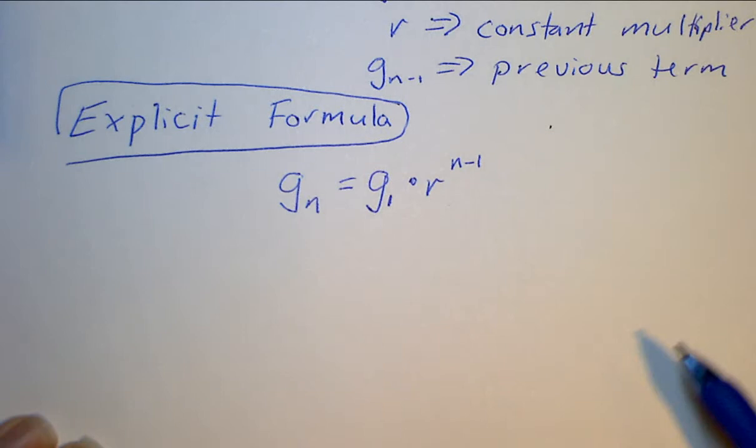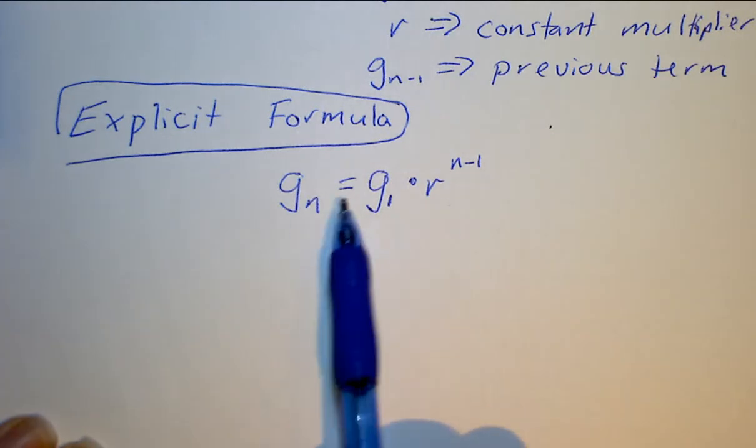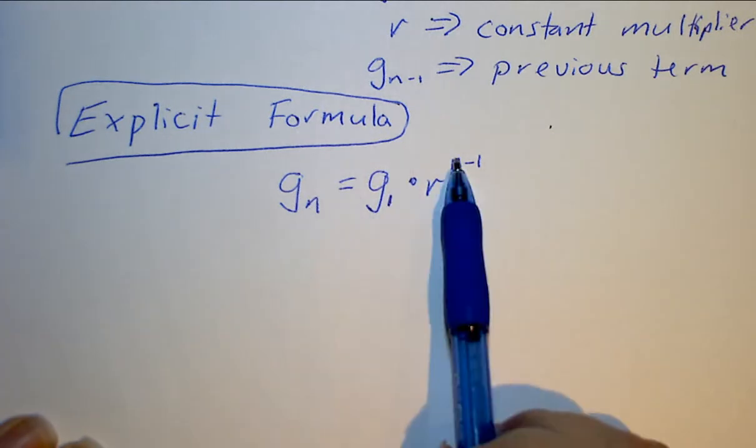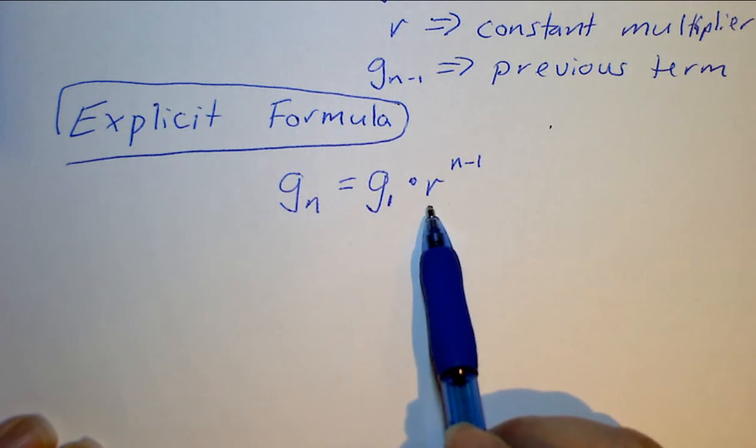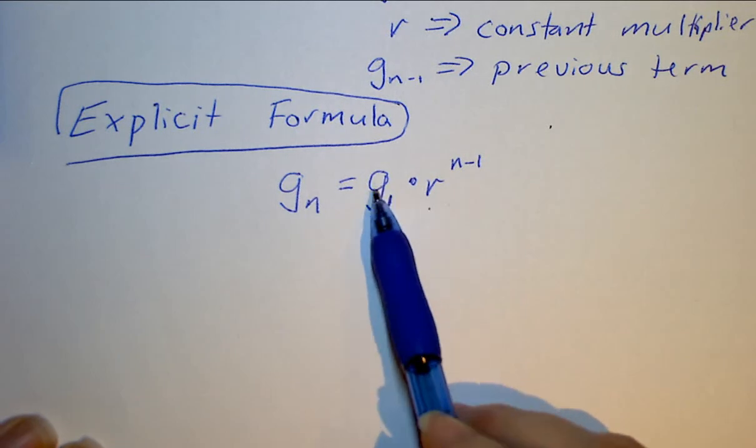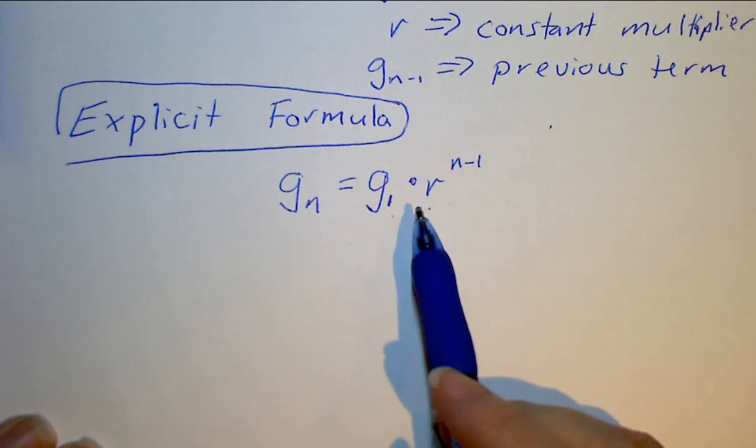So your n is still the term we're finding, your r is your constant multiplier, and g1, what do you think g1 is? Yes, your first term.